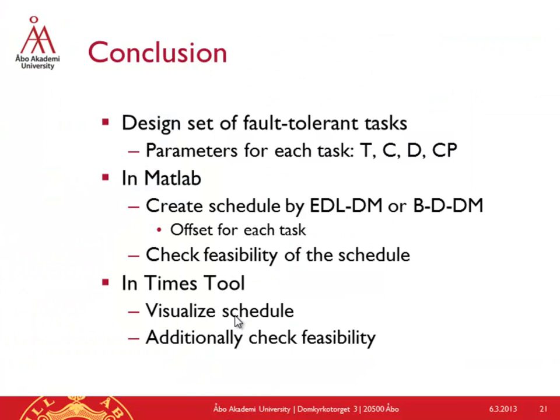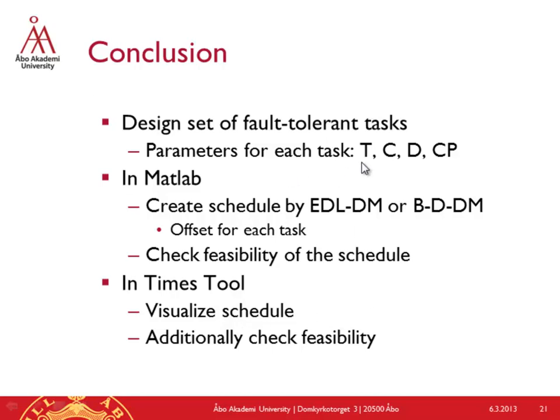So let me conclude with this. So what we can say about fault tolerance with real-time systems and implementation for it. It's possible to design such a system by taking into account special parameters of this task set and defining their alternative versions, simplified versions.